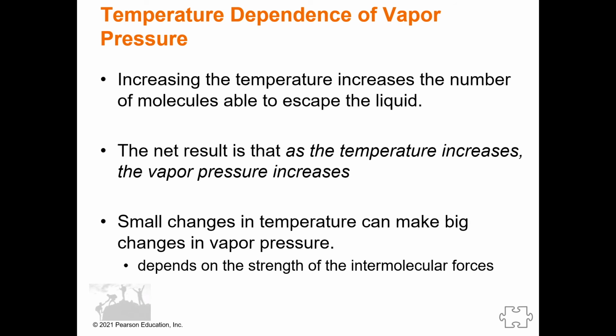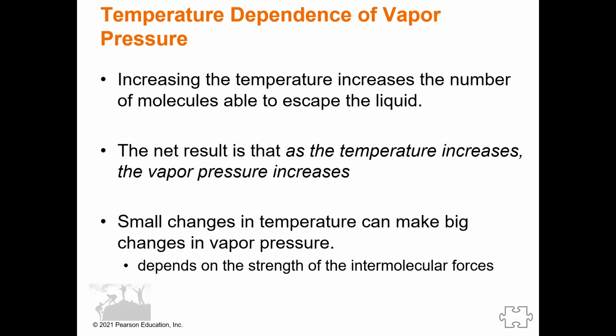Now, we've already seen what happens when temperature increases in a system. So think about a solid melting or liquid boiling. Those intermolecular forces that hold the molecules together would be overcome. So then what's going to happen to the vapor pressure when a liquid is being turned into a gas?